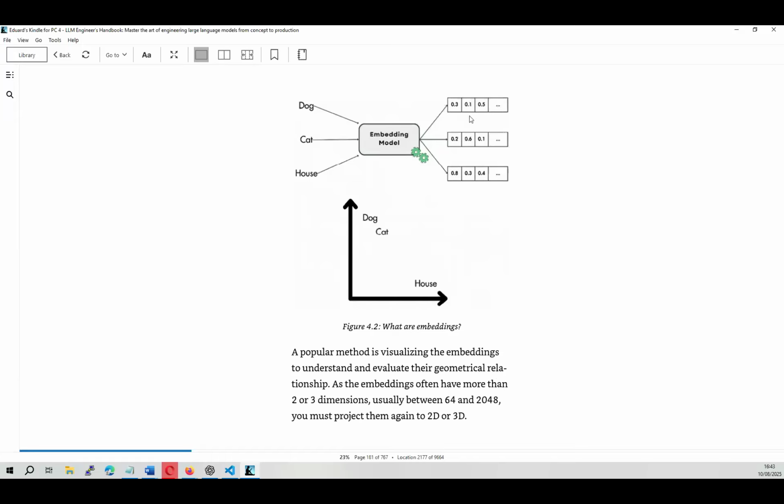Basically, this is one of the strengths of large language models. The embeddings represent one of the biggest strengths by far of large language models, because using this mathematical representation, we can extract out of a simple word potentially thousands of characteristics. It's not possible for a normal human being to describe a cat, for example, using, I don't know, 2,000 characteristics.